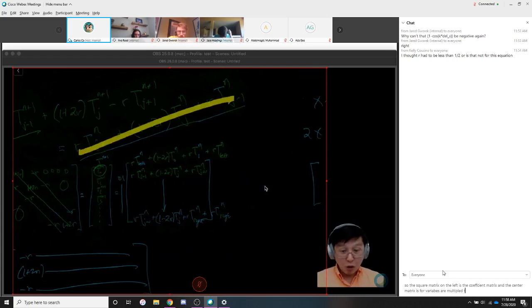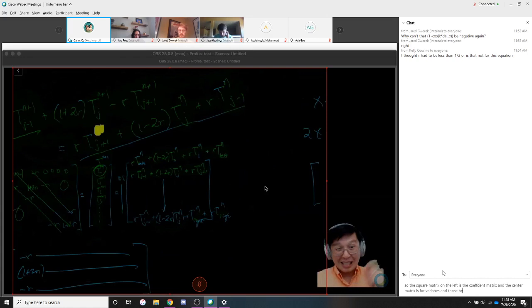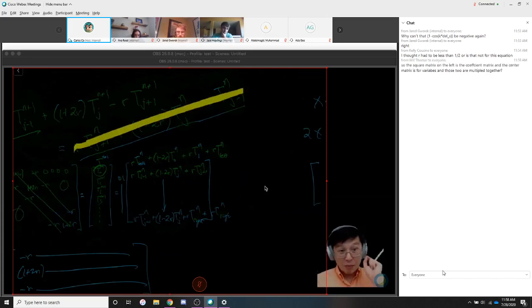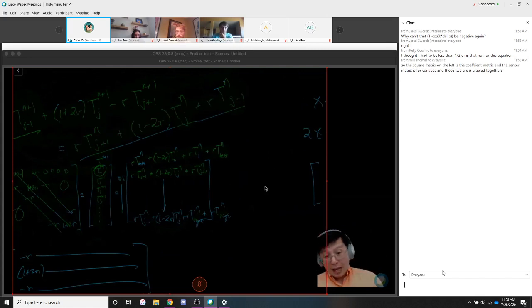This is just a calculation because you know the temperatures at a previous time n. Let's say when n is 0, you know what that is. So you know that value, you know this value, you know that value. You know what r is. You chose your delta t, you chose your delta x. You know the alpha of the material. And so this entire thing is just something to be calculated. You just calculate that out.